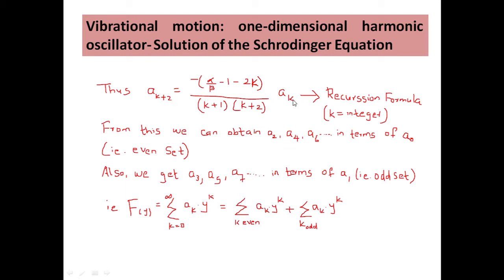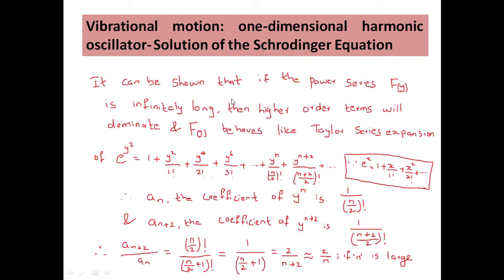If k is 0, we get a2, then a4, a6, like that. So we have a set of even coefficients. In a similar fashion, we can also have a set of odd terms. In short, our function is the combination of an even function and an odd function.